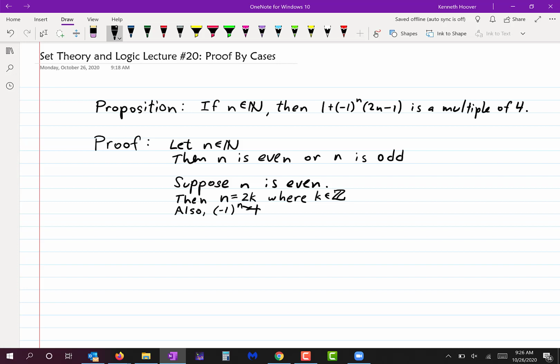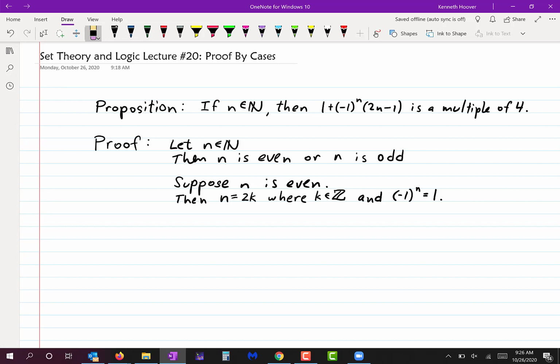So rather than writing them as 2 separate lines, it also makes a lot of sense to just say then n equals 2k, where k is an integer, and negative 1 to the n equals 1. Because those are both because of this. So it makes sense to point them out together.